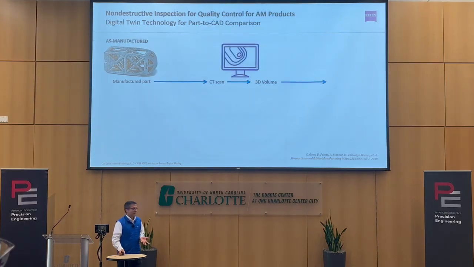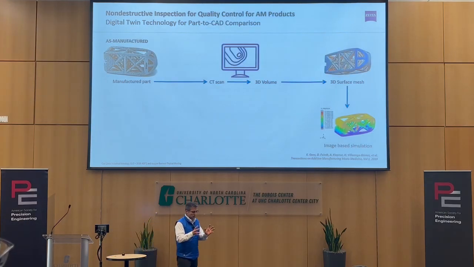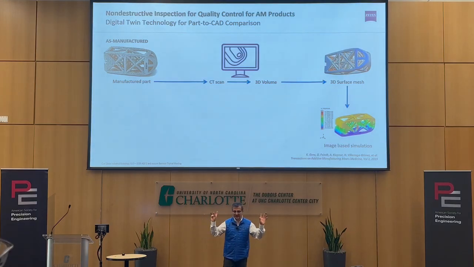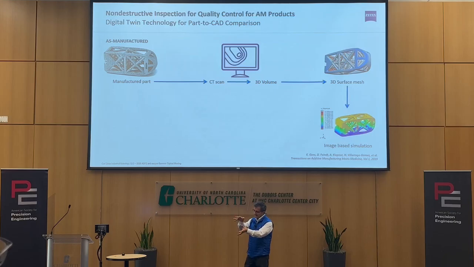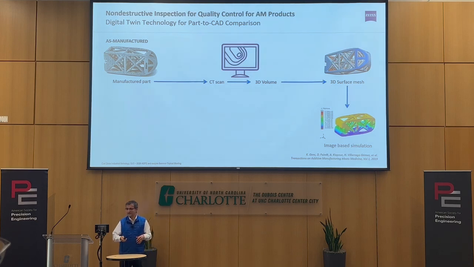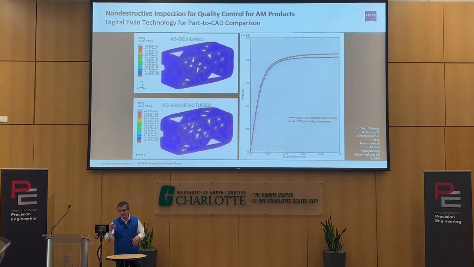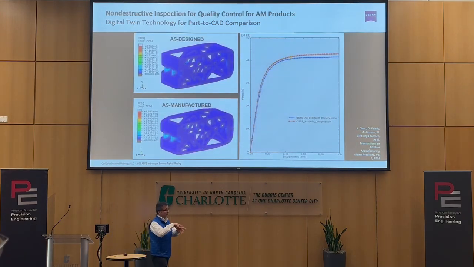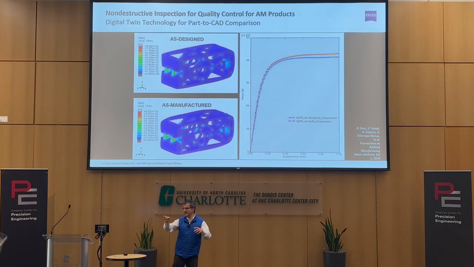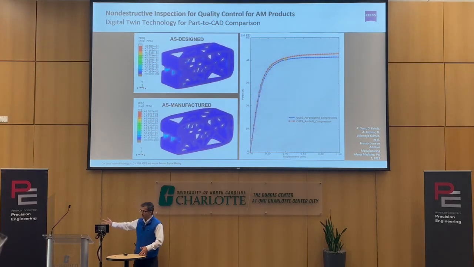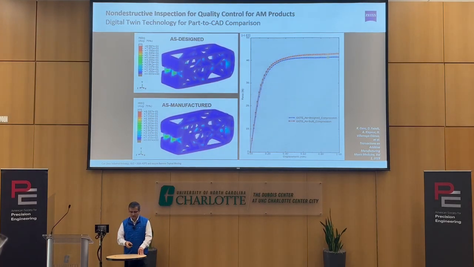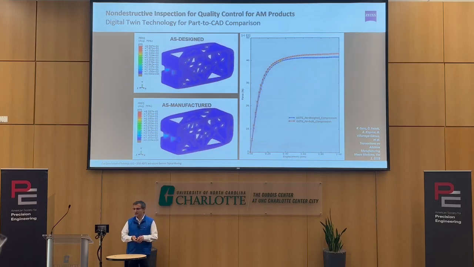You can do simulations or verification to predictions from CAD models, so you can have a scan, you can convert that into an STL, so basically that's the data that represents the part, do some kind of pressure or force simulation and see how it compares to as designed to the CAD model, and you can track or verify the accuracy of those models to see if you can get away with the CAD simulation instead of having to scan the part. But this is a nice way to verify that.